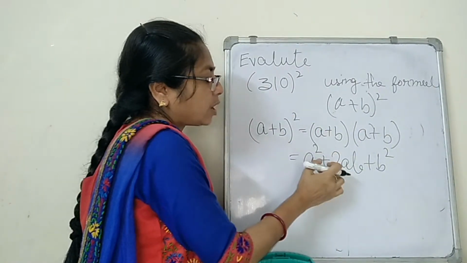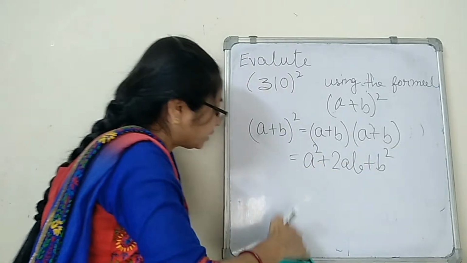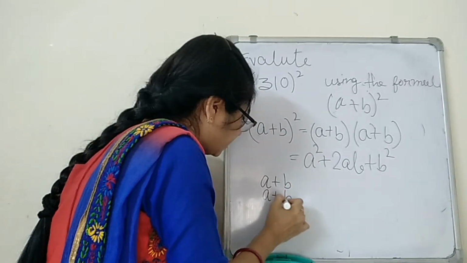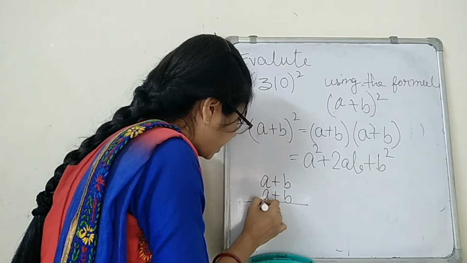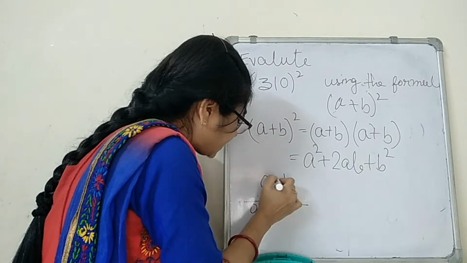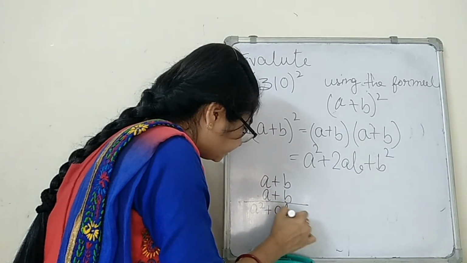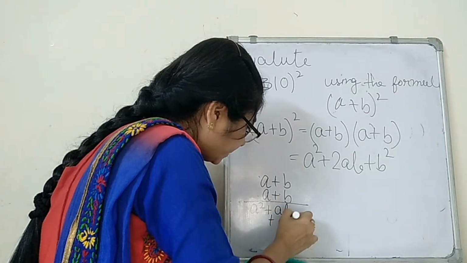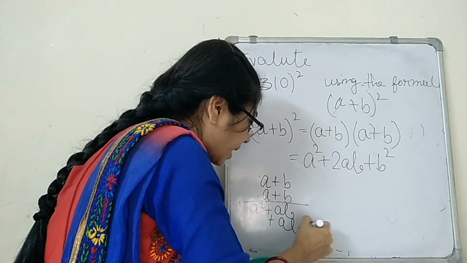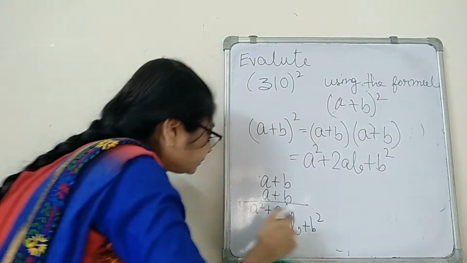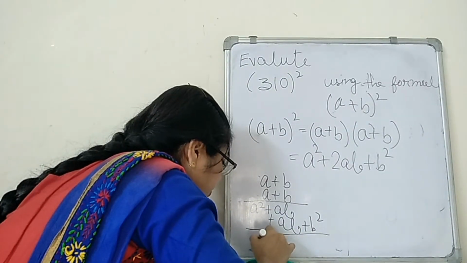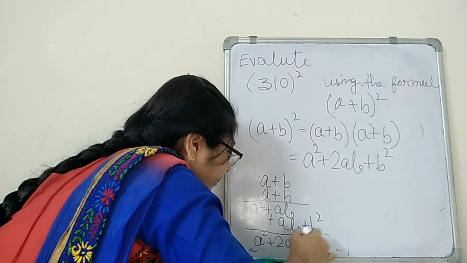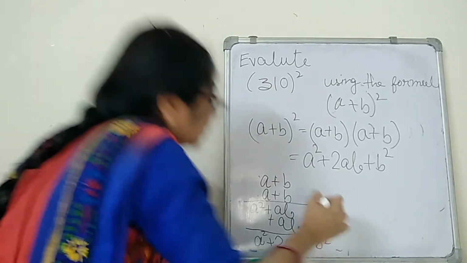We can write a square plus 2ab plus b square. I do it. A plus b, a plus b. Multiply it. A square plus ab plus ab plus b square. A square plus 2ab plus b square.